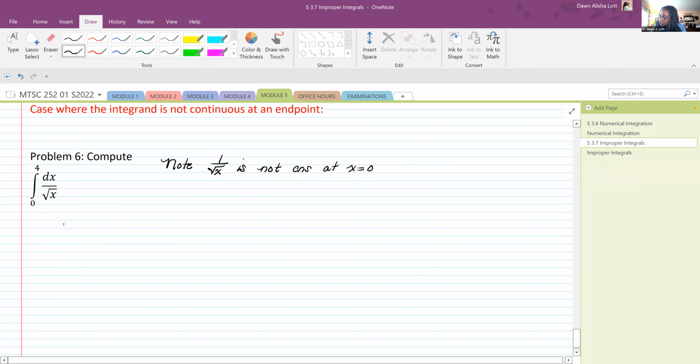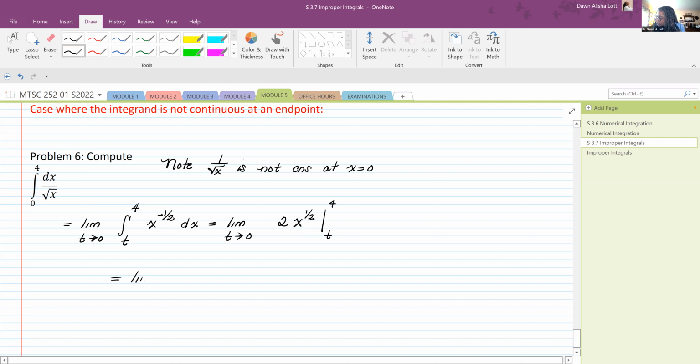So we're going to take this integral and write it as the limit as t goes to 0, not infinity, but 0, of the integral from t to 4. And then this looks like x to the -1/2 to me dx. So that's the limit as t goes to 0. I'm going to add 1/2, so I'm going to get x to the 1/2 and multiply it by 2, evaluated between t and 4.